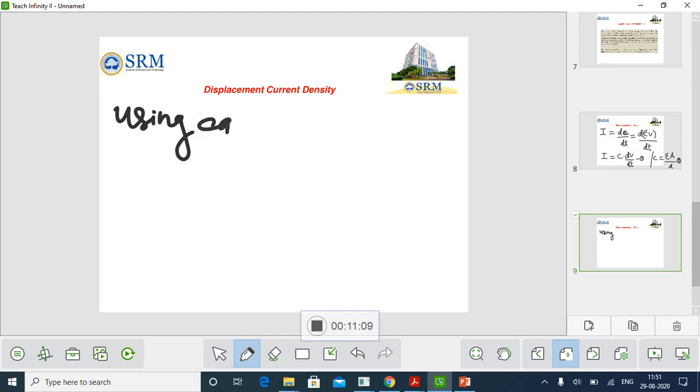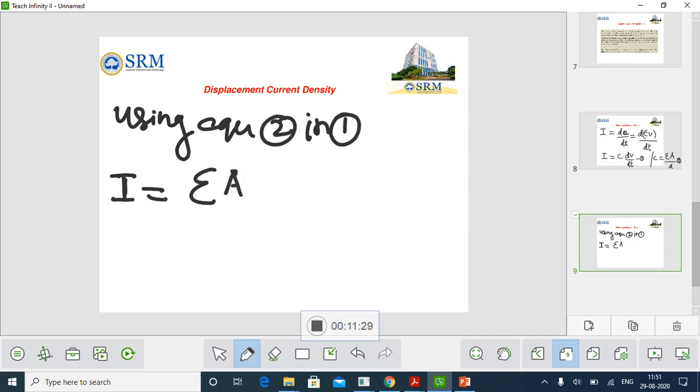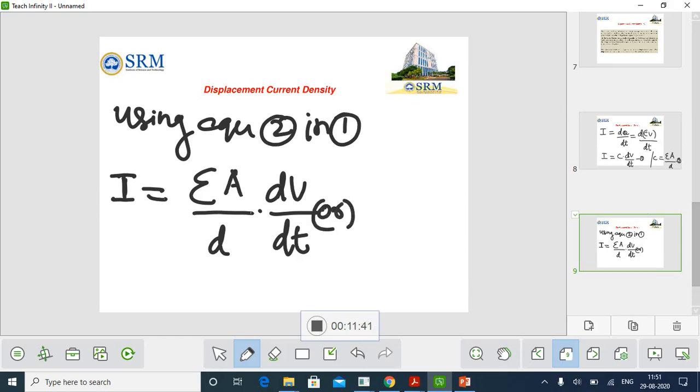Using equation 2 in 1, I equal to epsilon A divided by d dot dV divided by dt, or I by A equal to epsilon divided by d dot dV by dt.